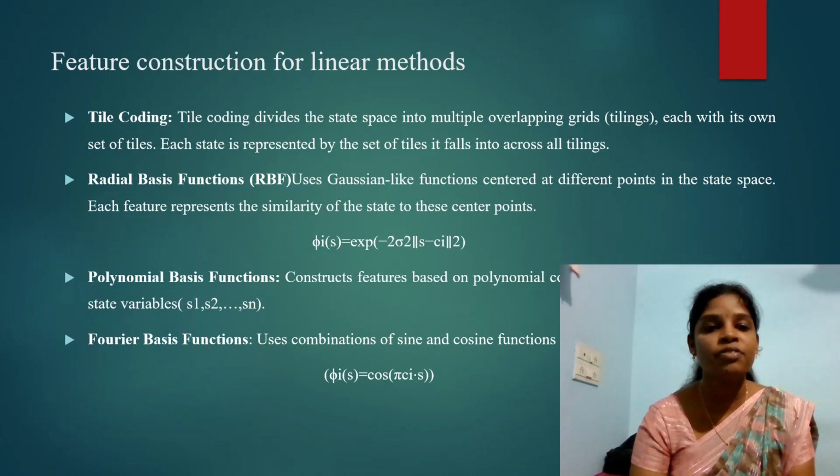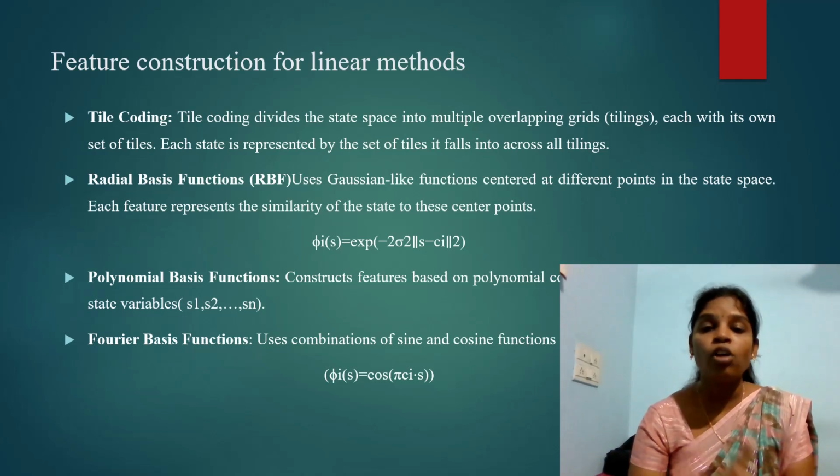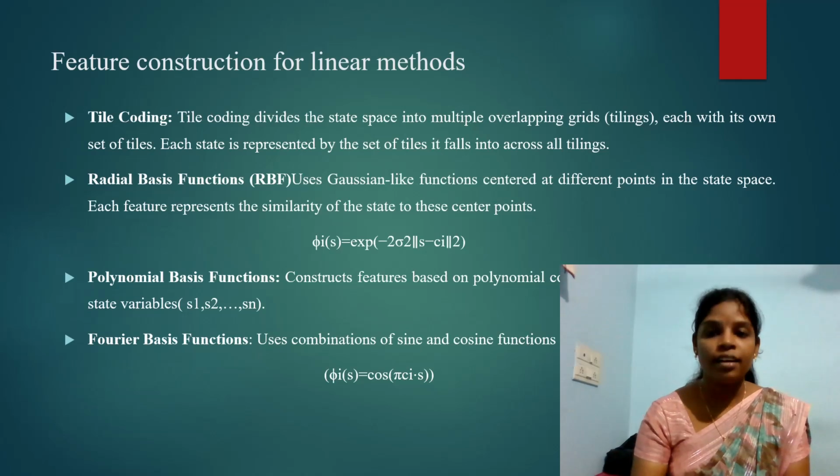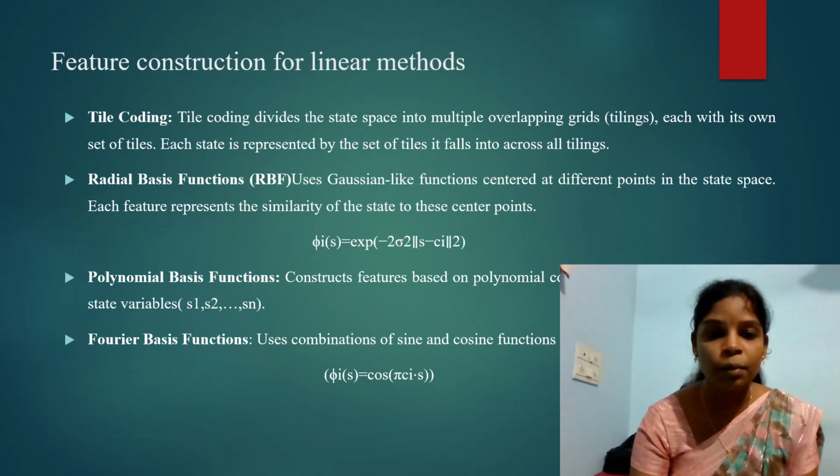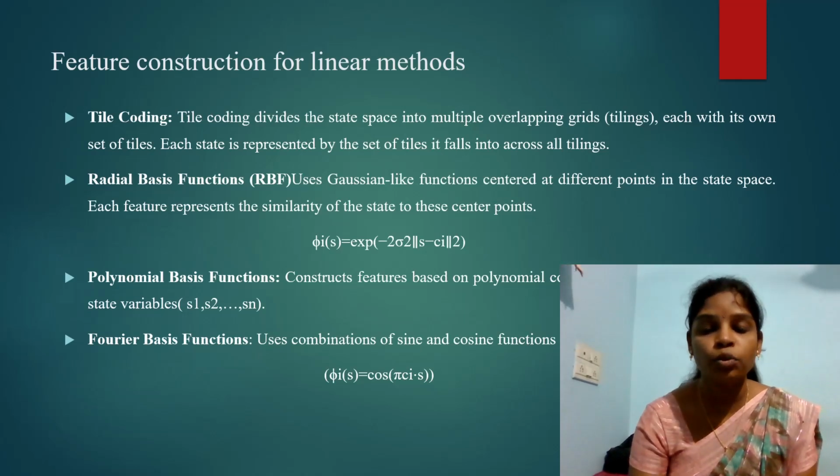Radial basis function, RBF, the Gaussian function. The center of different points is used in the RBF, and it represents the similarity of a state to these center points. What are the center points? c_i. S is a state. So the feature is exp of minus the squared distance, S minus c_i squared, over 2 lambda squared.